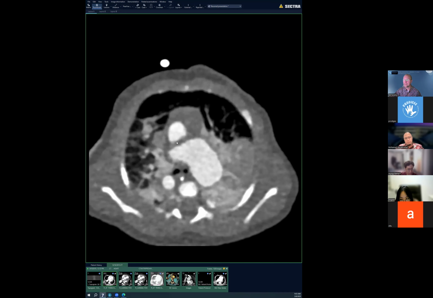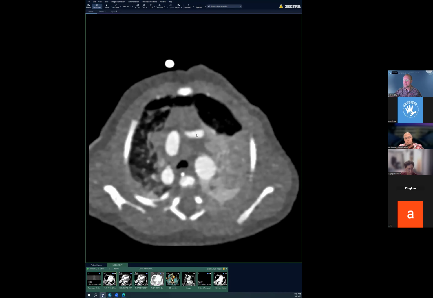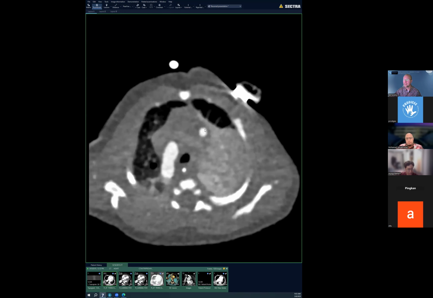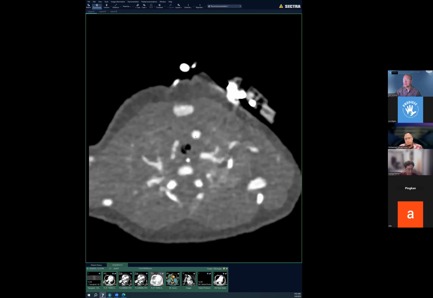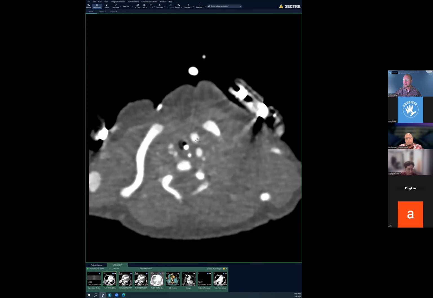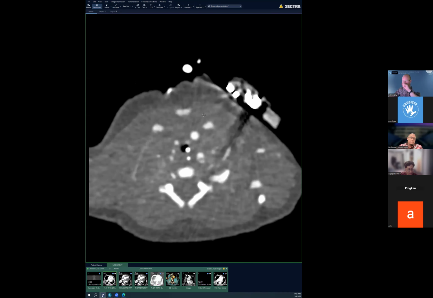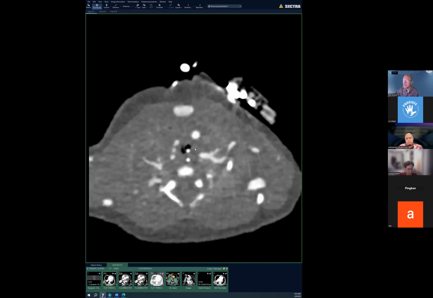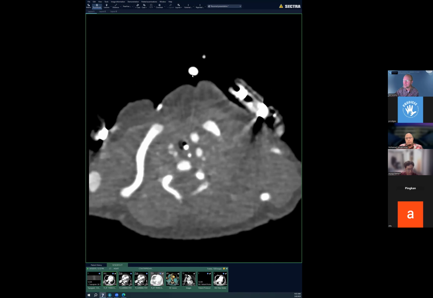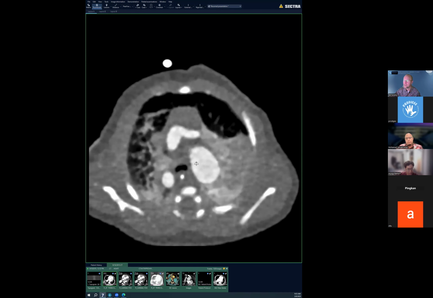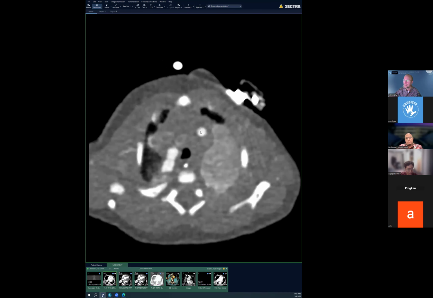And then if you look at the arch branching, you have this vessel here coming up early. That is going to give rise to the left common carotid. I think we don't have enough images going upwards, so I think this is actually an innominate artery.